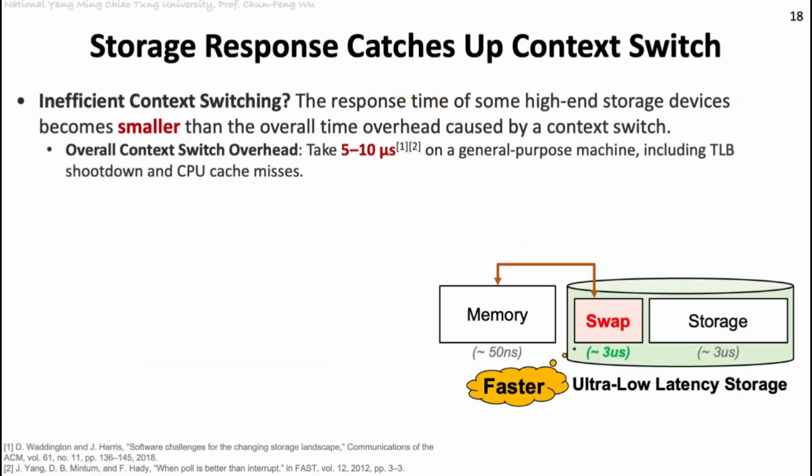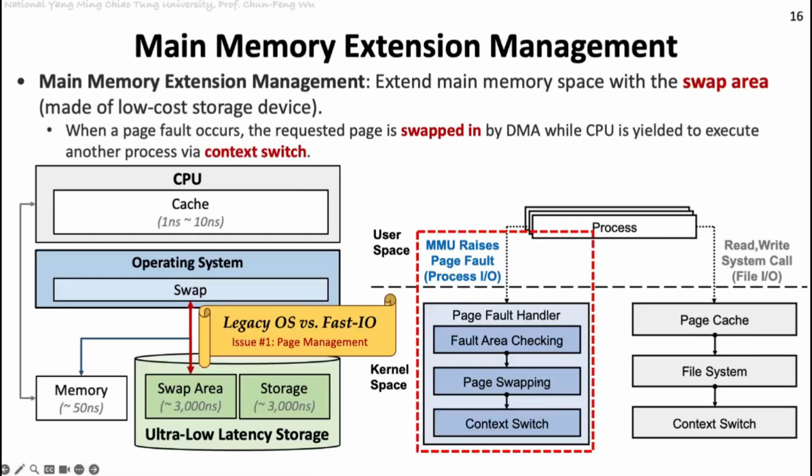Okay, so if our storage device can now offer 5 to 10 microseconds of IO completion time, then how about the context switch? Because if you look at this figure again, no matter whether you are doing process IO or file IO, the last step is the context switch. In the traditional operating system, the storage device is super slow.